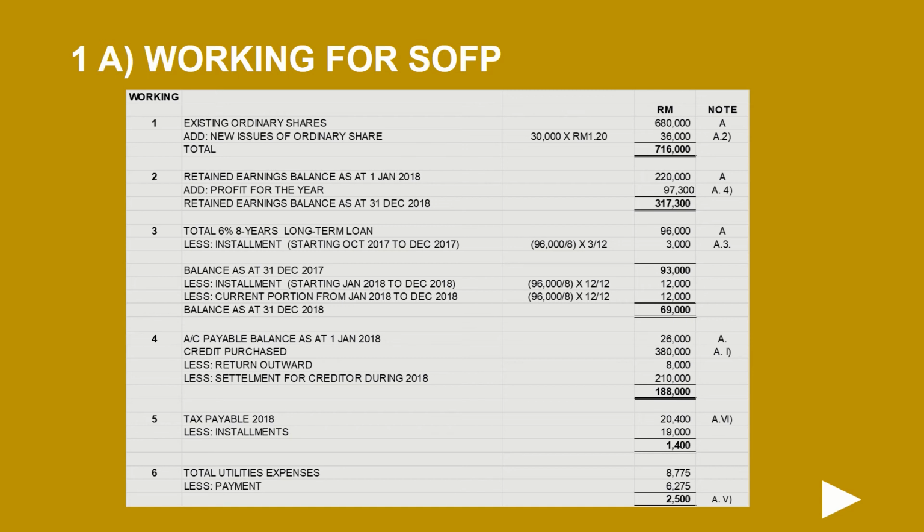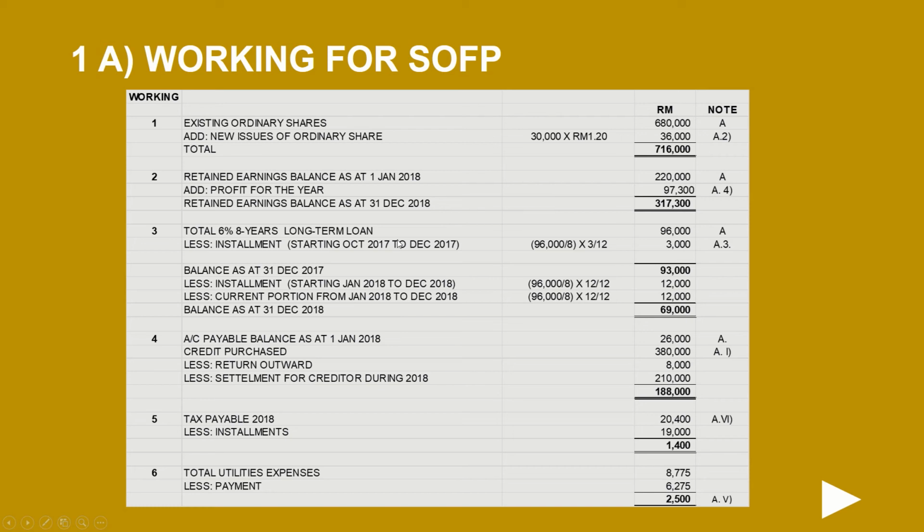The retained earnings as at 1st January plus the profit for the year 2018, 97,300, added together. Therefore, the answer for the retained earnings balance as at 31st December 2018 was RM317,300. And number 3 is the working for long-term loan.